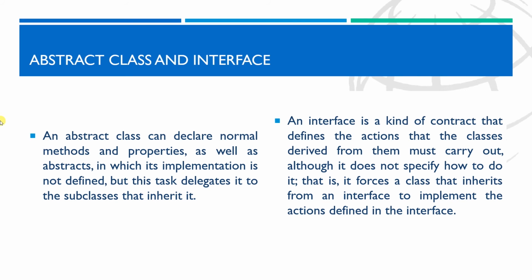And similar to an abstract class, an interface is a set of method and property declarations that don't have any implementation but are performed by whoever inherits it. However, the difference is that the interface has no variables or constants and can't inherit from other classes, but it can inherit from other interfaces.